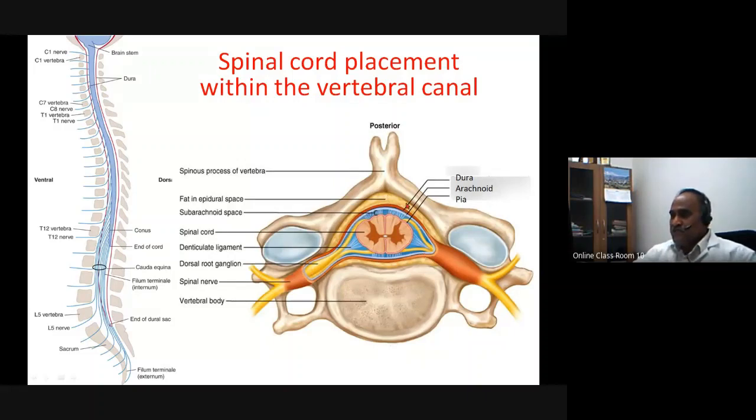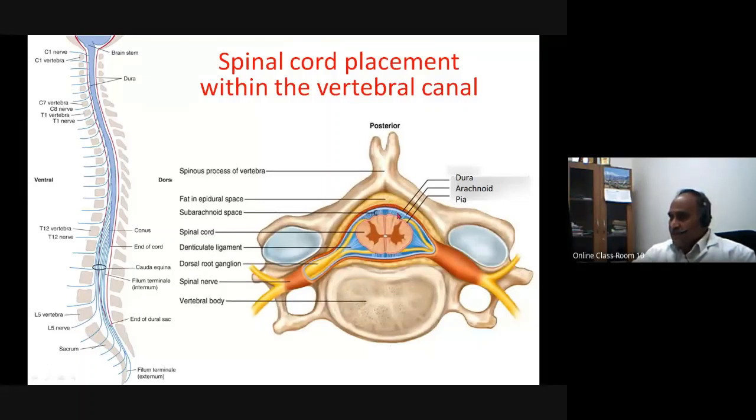In this bony structure, the cord is covered by membranes. That is the dura here, the arachnoid mater here, and the pia mater within, which is associated with the spinal cord, and the dura mater is associated with the space. This is an epidural space.